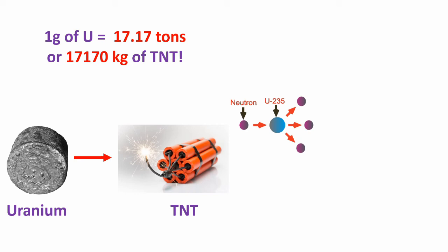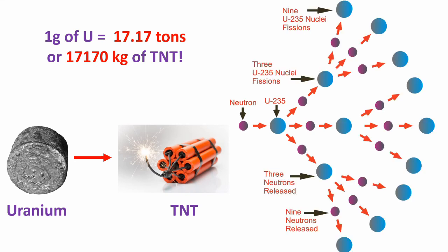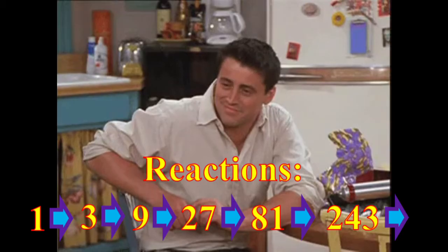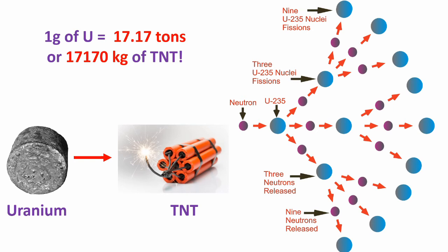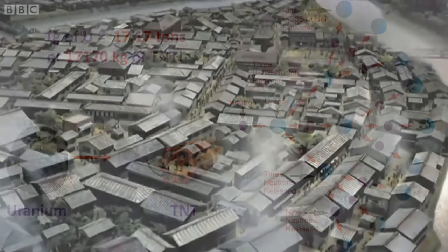They will cause 3 more reactions and produce 9 more neutrons. And this will spread like wildfire, and soon you will have so many reactions per second that the energy being released will be explosive. In fact, that is exactly how a uranium bomb works.